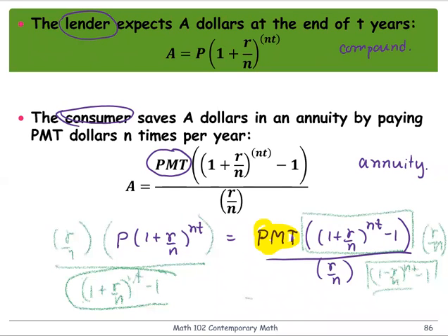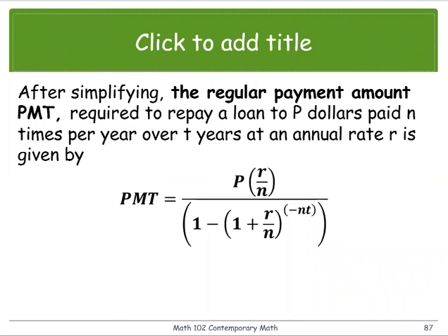So then by rearranging and simplifying the terms, we get PMT equals P multiplied by R over N, divided by 1 minus the quantity 1 plus R over N raised to the power negative NT.